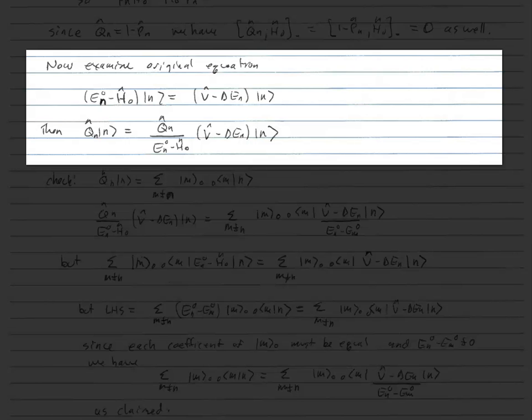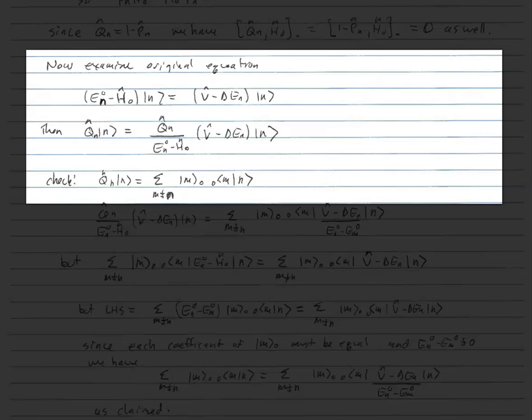After I've multiplied by Qn, I can move that Qn all the way to the right to hit on the n state, and then I can actually do the inversion. I have to multiply it on both sides. Then I can actually divide by En0 minus H0, because the Qn protects that result. It does not allow the En0 minus H0 to ever be 0 in the denominator. So let's carefully go through that and check that that works.